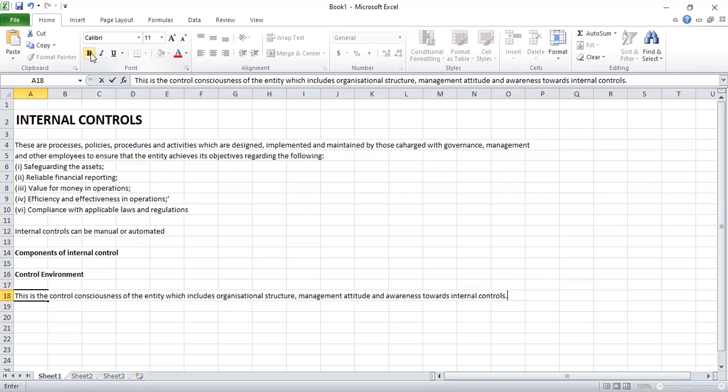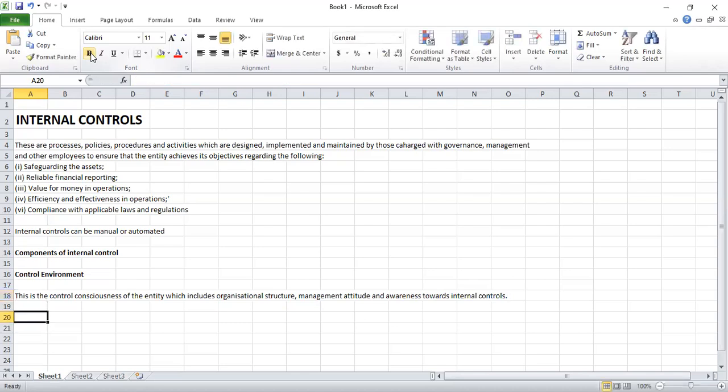It will also go to other employees of the organization.